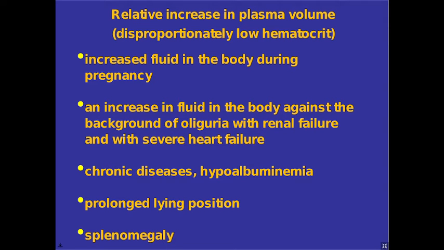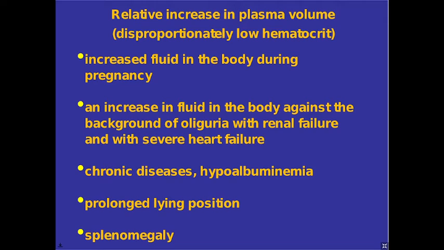So, a relative increase in the plasma volume, a disproportionately, surprisingly low hematocrit, can be associated with increased fluid, for example, during pregnancy, especially during the last trimester, an increase in fluid in the body, while oliguria presents with renal failure or with severe heart failure.